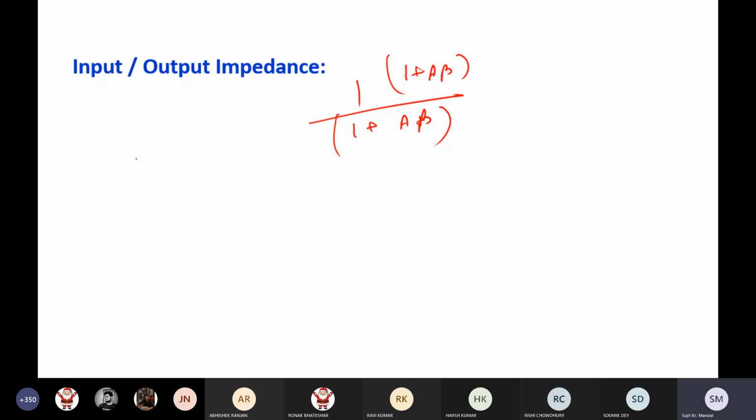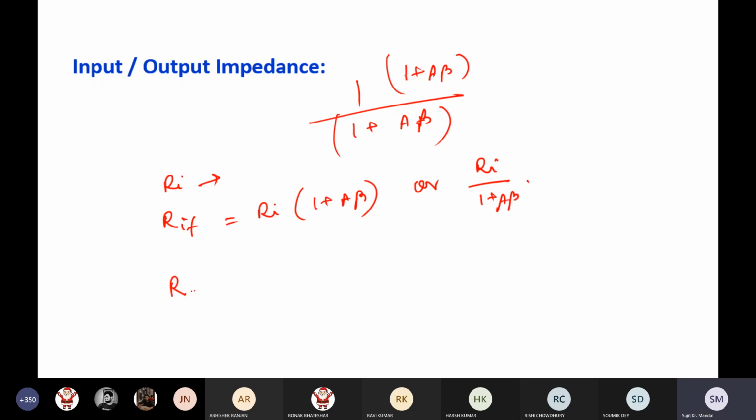For example, if some amplifier input is Ri without feedback, then with feedback, the amplifier input may be Ri into 1 plus A beta, or it may be Ri divided by 1 plus A beta.